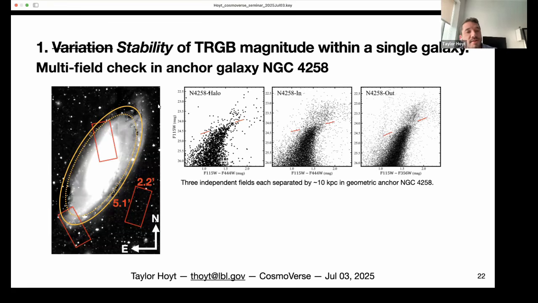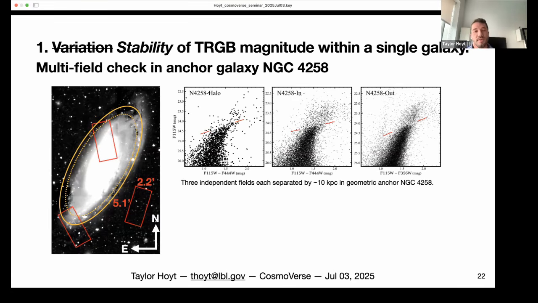These 3 fields are depicted on the left, with what looks kind of like a crummy image of 4258, but I just set the stretch so that the bright, high surface brightness regions would saturate to highlight the low surface brightness regions in the exterior of the galaxy. So for reference, the Cepheid fields are effectively right in this bright region here, and there are a few fields also out here typically used.